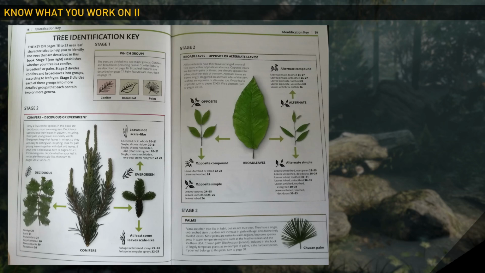You can get an opposite structure, where leaves are attached in an opposite way on a branch, or you can get an alternate structure where leaves are offset. These are the rules that in the end you want to figure out about the plant that you're working on, because otherwise you won't be able to create them. It's as simple as that. If you don't have the recipe of creating a plant, you will never be able to create that plant.